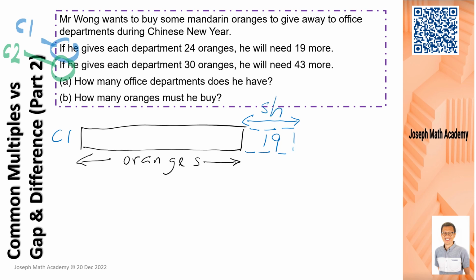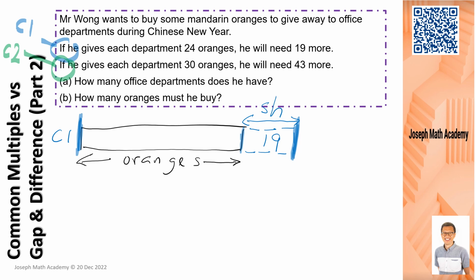So that means the oranges from here to here will be sufficient to give each department 24 oranges. But up to here alone, sorry, insufficient. So it must be from here all the way to here, including the 19.